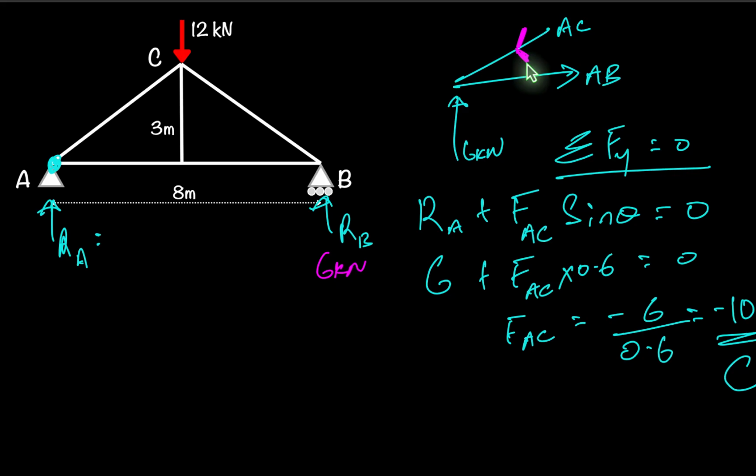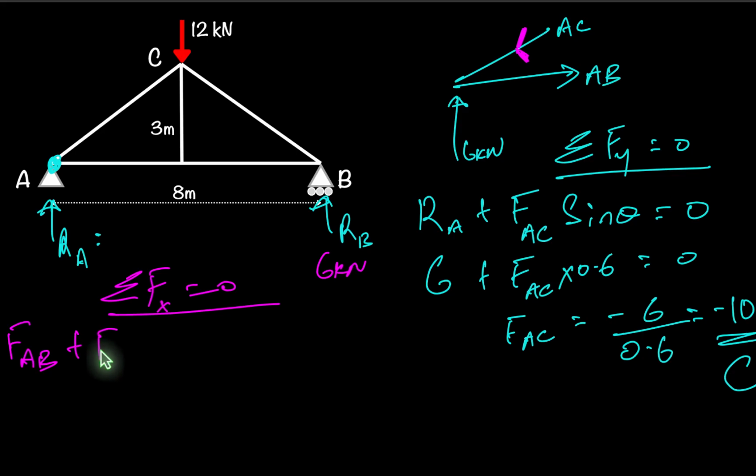So now we have AB to find, and for that one I'm gonna just do the sum of the horizontal forces equals 0. So FAB, that's just a purely horizontal component, so no cos or anything to that. And then we have FAC, and this is a diagonal line, so we're going to have this cos theta, and that's the only two members that are going to have horizontal components.